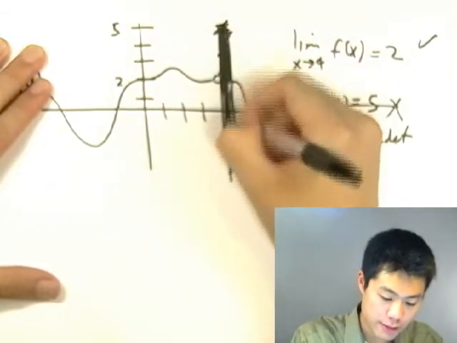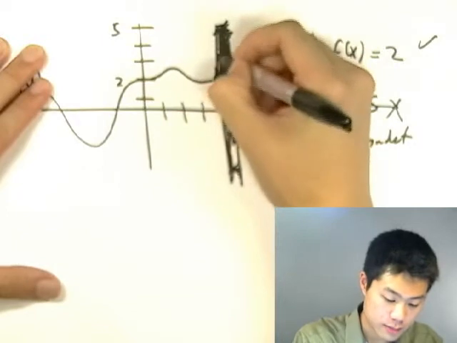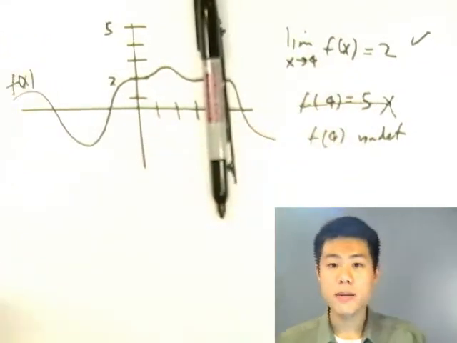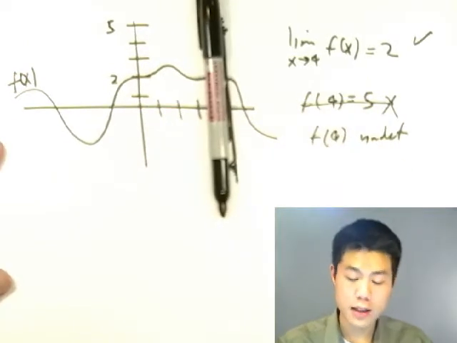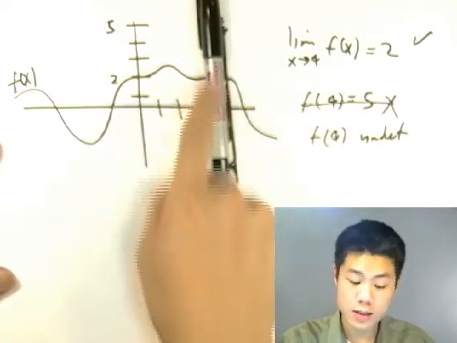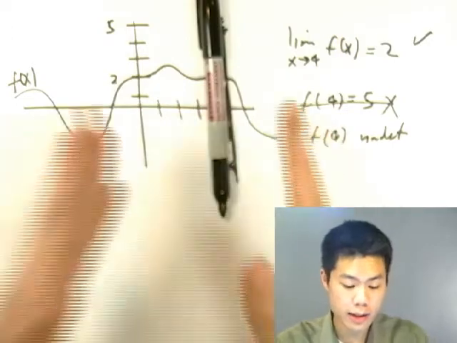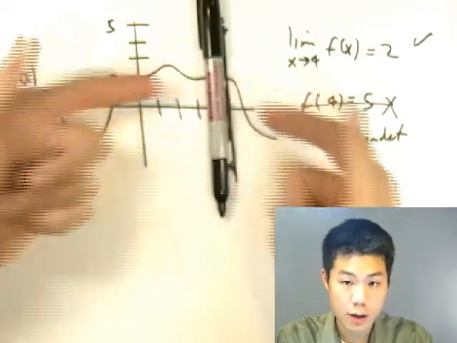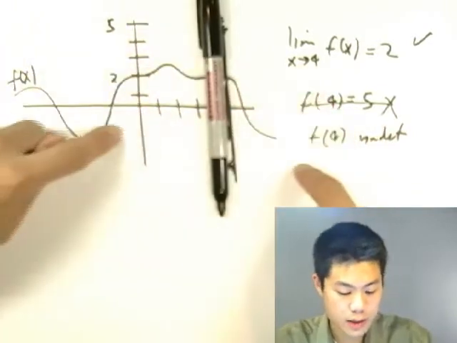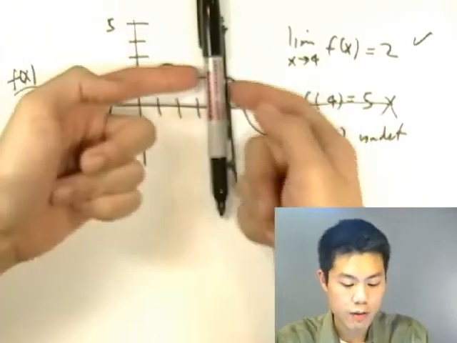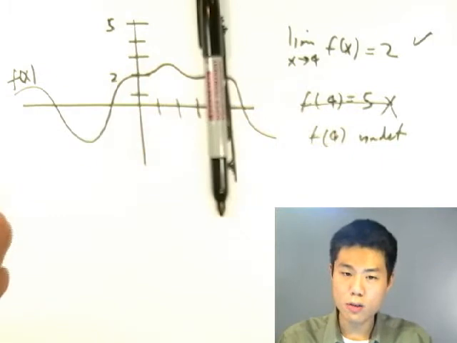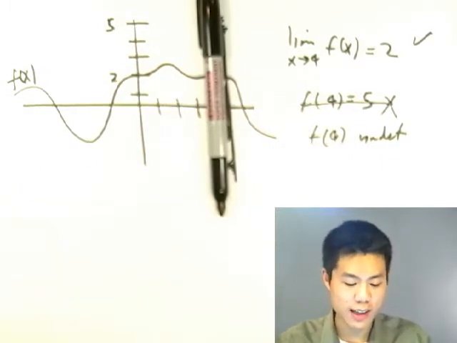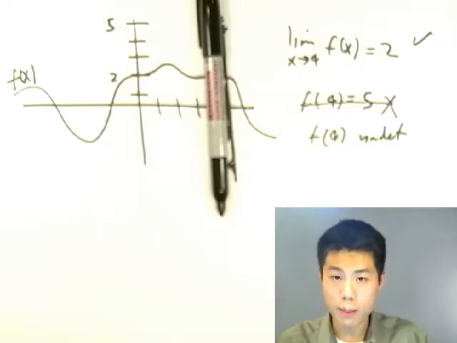If someone gave me this graph and asked me for this limit, I can find the answer because I don't need to know what happens at x equals 4. I only need to know what happens around it. And using this graph, I see that as x approaches 4, this graph approaches 2. Hopefully I repeated this enough times that you understand it now. With limits, we only care about what happens around it.